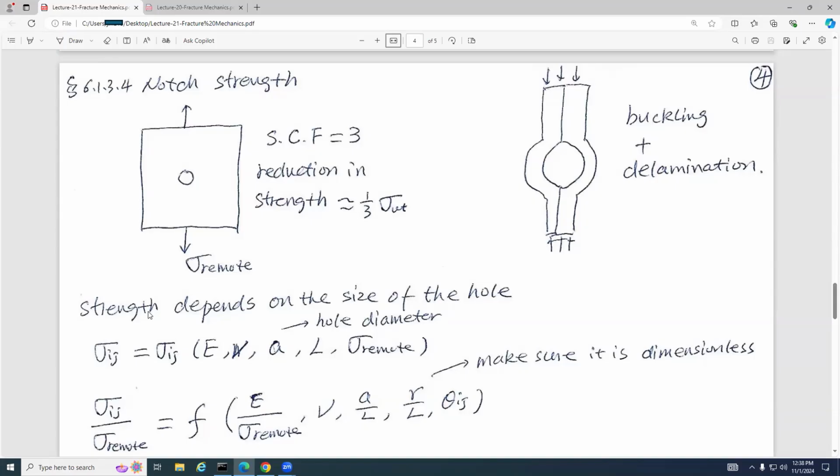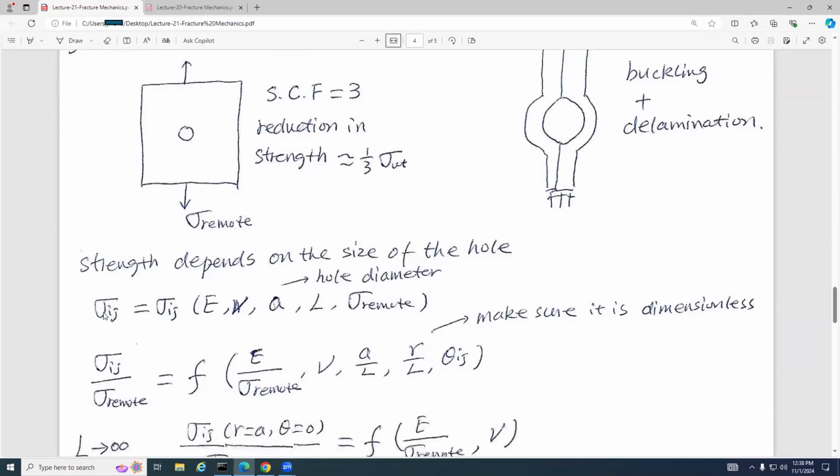Because sigma ij and sigma remote have the same unit, Pascals or KSI, PSI, we can divide everything by sigma remote, and by L where applicable. Sigma ij does not have length, so we just divide it by sigma remote. That makes it dimensionless.